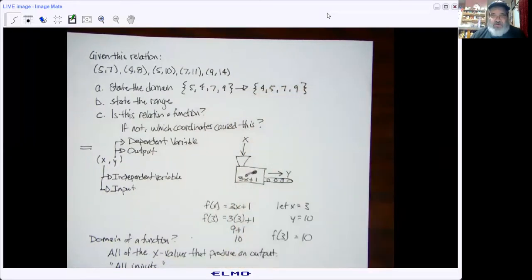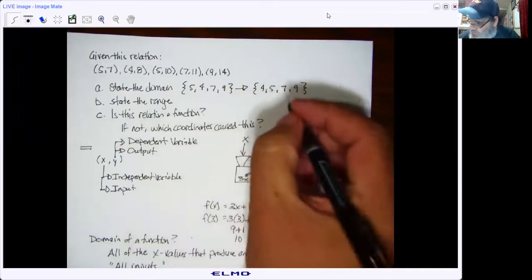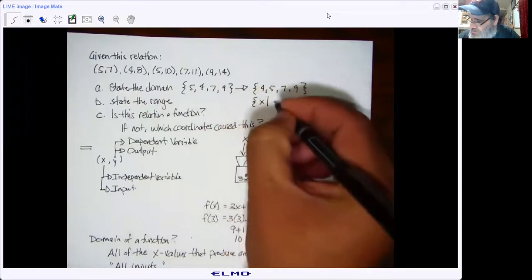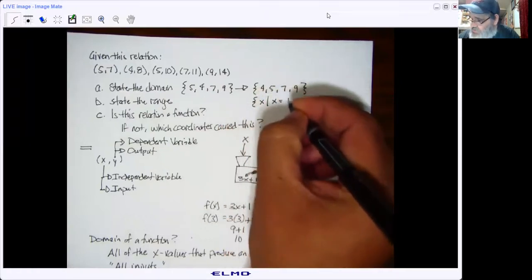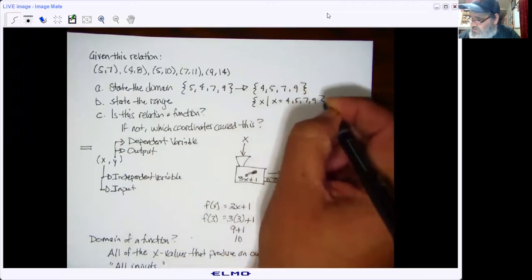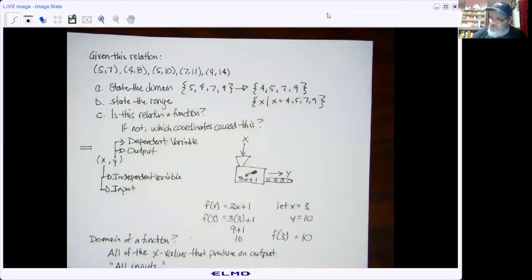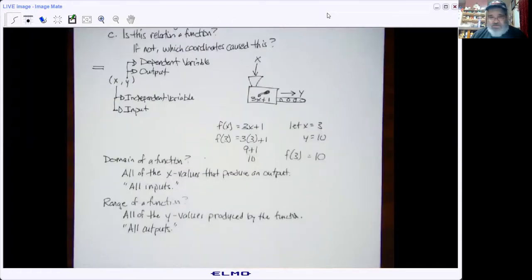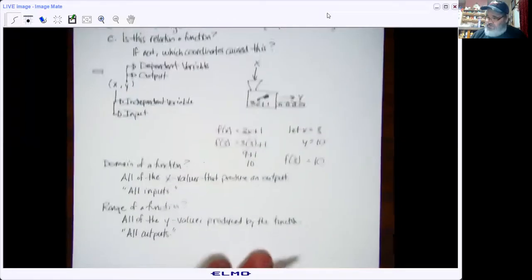That is the domain of your function. If you want to write it more formally, we would say x such that x equals 4, 5, 7, 9. Okay. That's the domain.